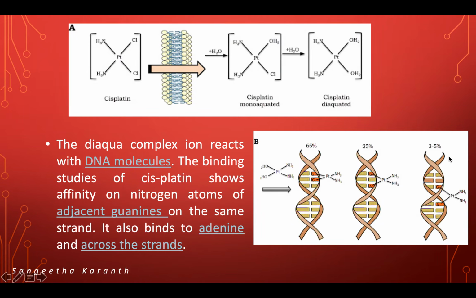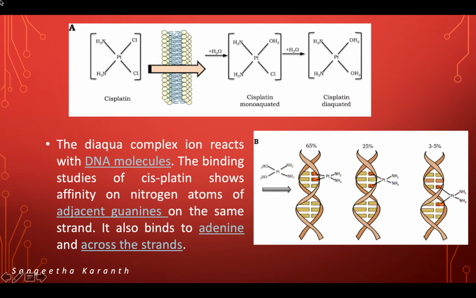The third possibility is that it will coordinate with two guanine ligands of different strands. So this is one strand, this is another strand of DNA, and these are the two guanine ligands.